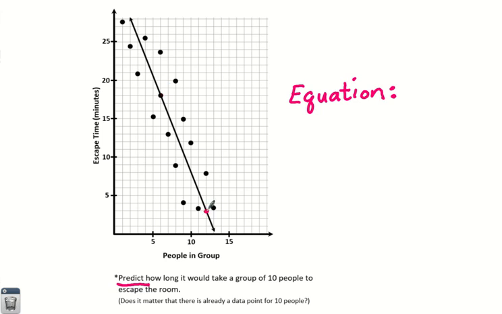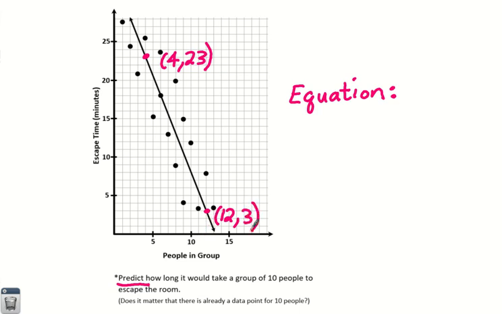So I'm actually going to pick this point right here, and I'm going to go with this point right here. And that's 4 comma, I think, 4 comma, yep, 21, 22, 23. So 4 comma 23, and here is 12 comma 3.